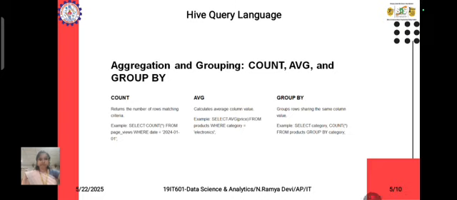We can also use aggregation and grouping keywords like count, average and group by in Hive Query Language like in SQL. So basically, Hive provides a user interface like SQL so that SQL-style queries can be used, and finally it converts your queries into MapReduce jobs.